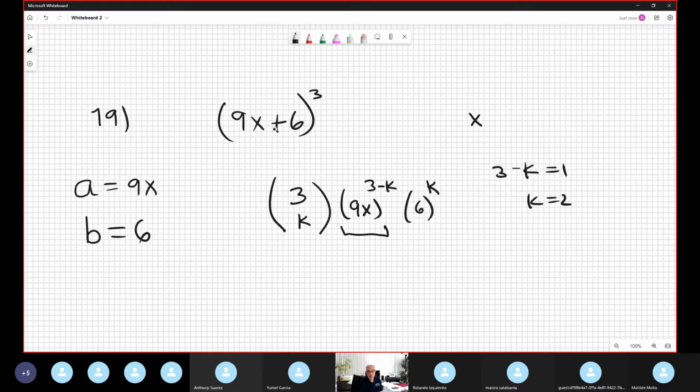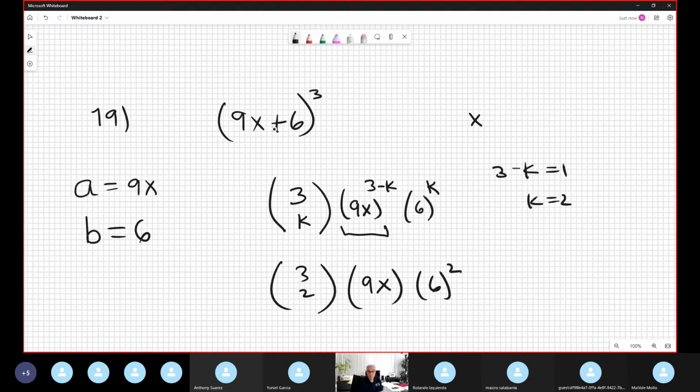So basically, to find the specific term, you put the combinatorial number 3 choose 2, times 9x raised to the 1 power, because I artificially created this 1, and this is 6 squared.